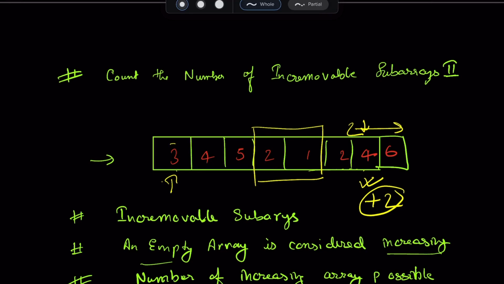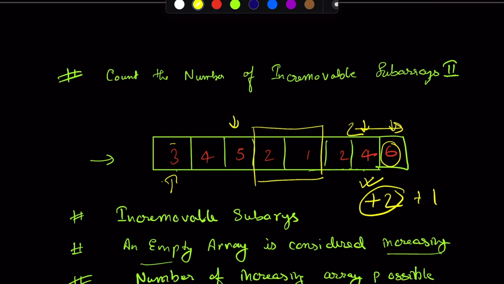Now we will move to the next index, 4. For 4 we will see what all are increasing. We find only one answer, which is 6. So we will add +1 here, and then we will increase left. We will reach 5, and then again we are at index 6.